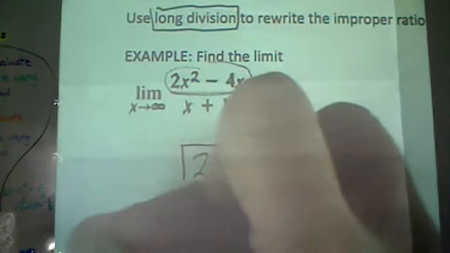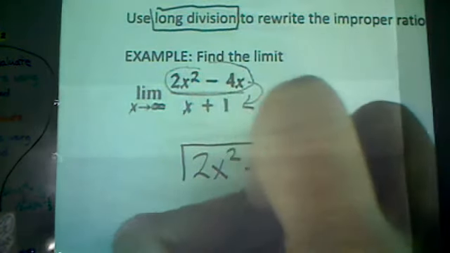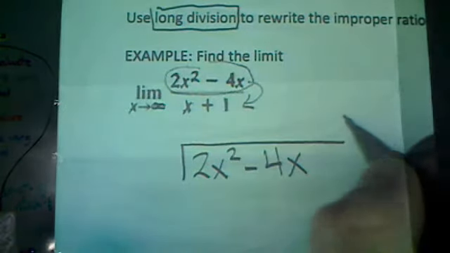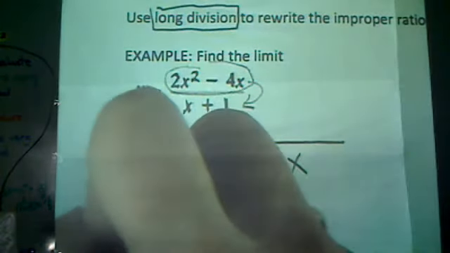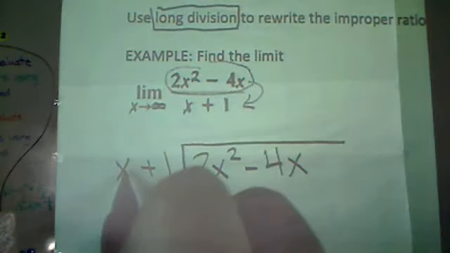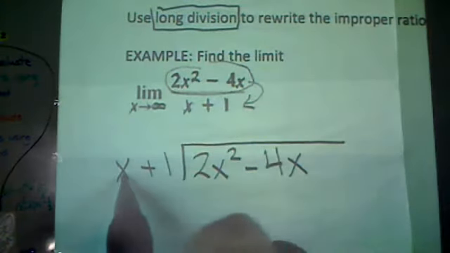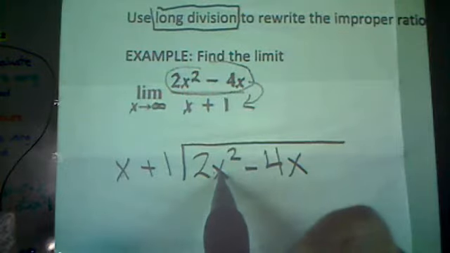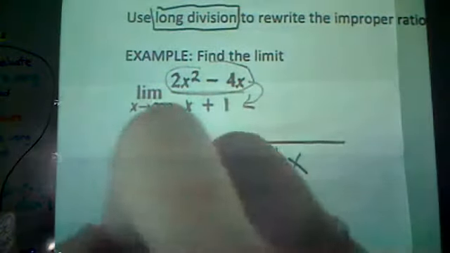We have 2x squared minus 4x on the inside. On the outside, we're going to have x plus 1. The goal is, what do I need to multiply with this to make it look like that? To get this to that, I need a 2 and another x.